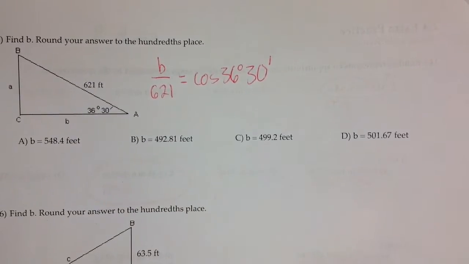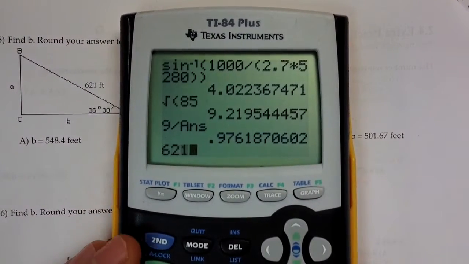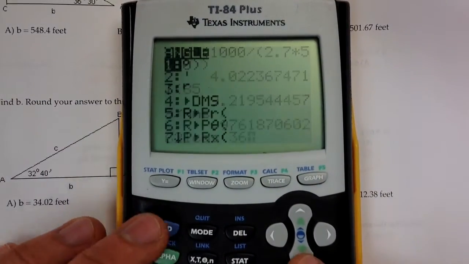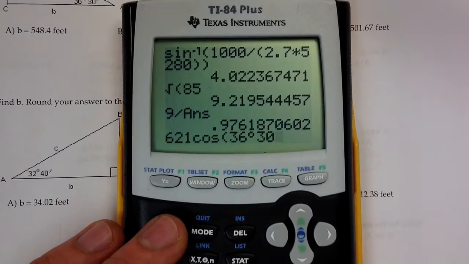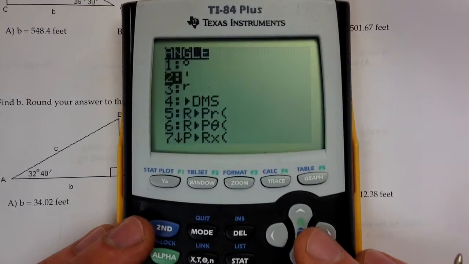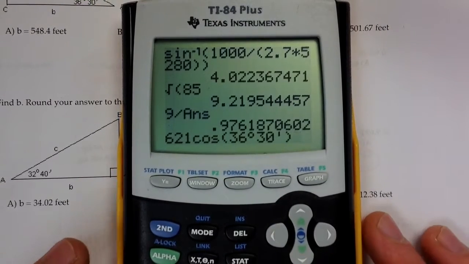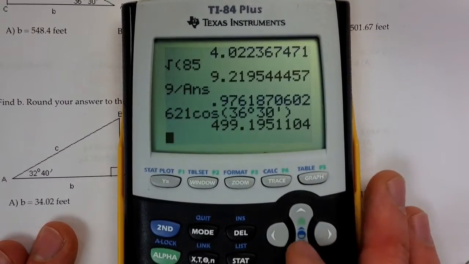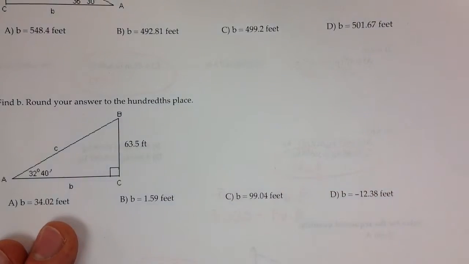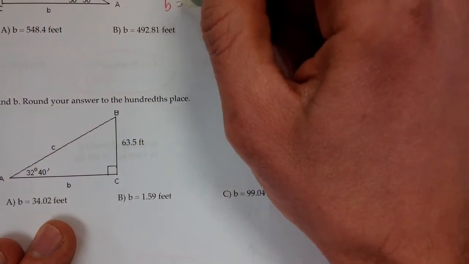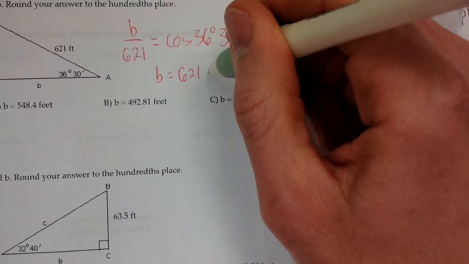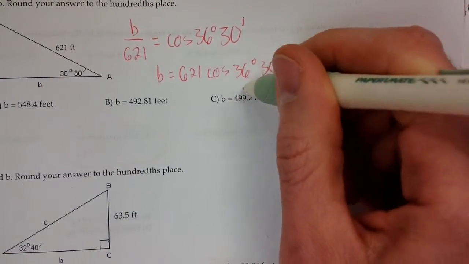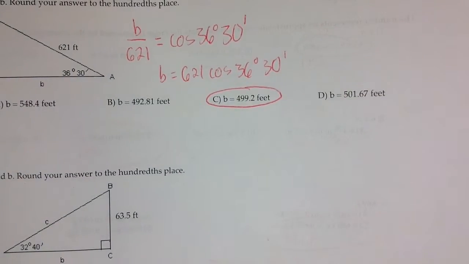Nice. 621 cosine of 36 degrees 30 minutes. So side B is 499.20. Nice.